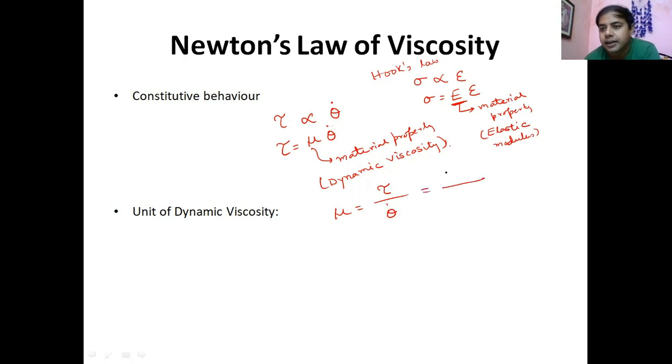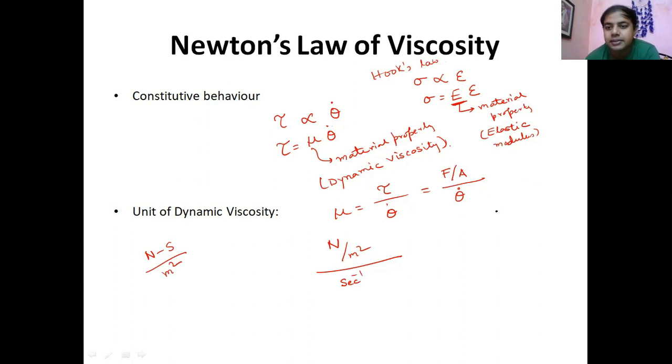Shear stress means shear force per area, divided by the strain rate. What should the unit be? Force per area is Newton per meter square, divided by strain rate, which is second inverse. So ultimately the unit of dynamic viscosity is Newton second per meter square.